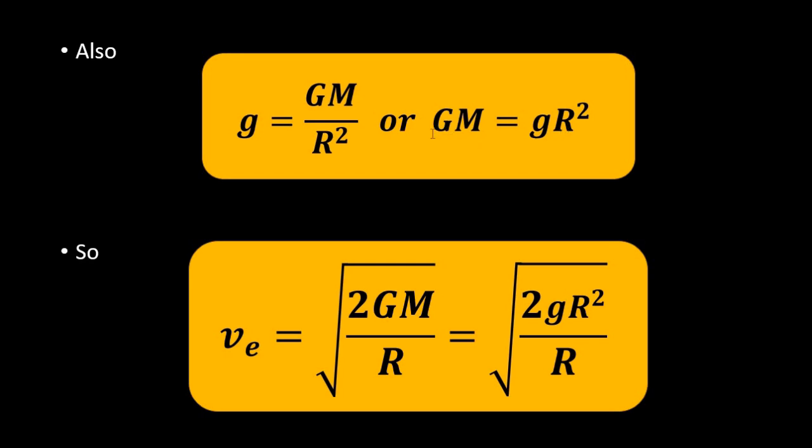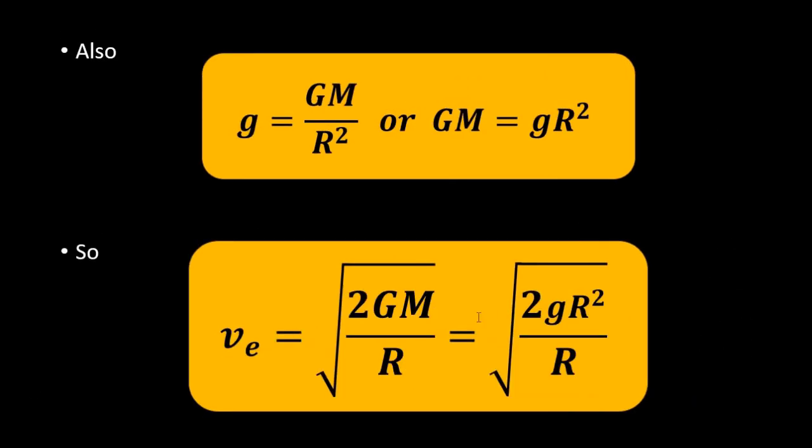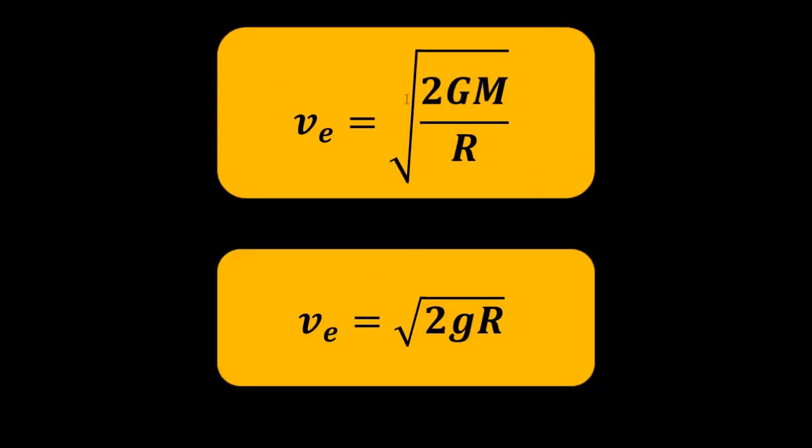When we substitute this in the expression root over of 2GM by R, writing GM as g R square, one R cancels and we have escape velocity is equal to root over of 2gR. So this is another expression of escape velocity. So there are two expressions of escape velocity.